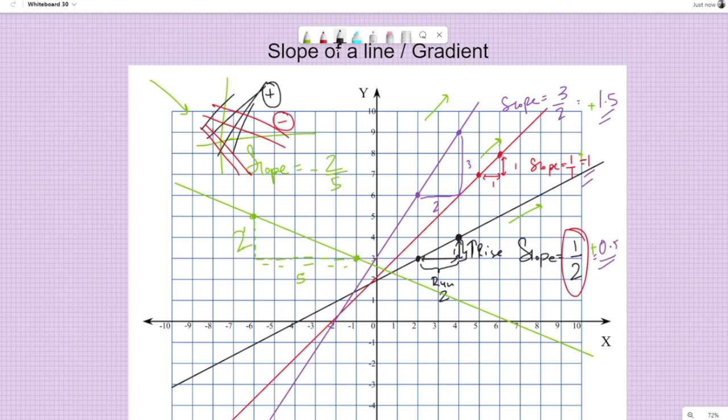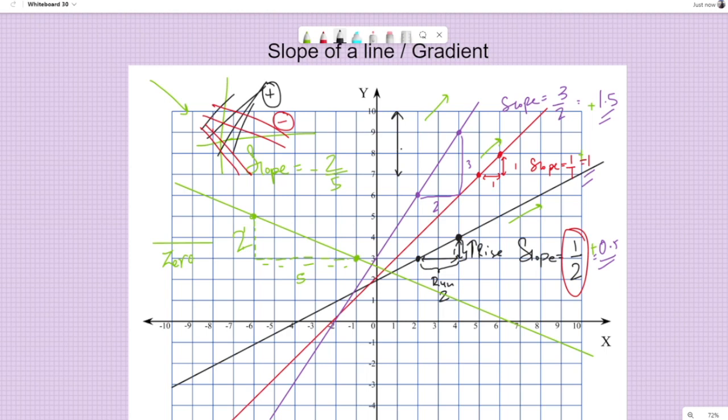And what if a line is flat? If a line is flat, like this, the slope is 0. And if a line is standing in a vertical position, standing straight, the slope of this line is undefined.